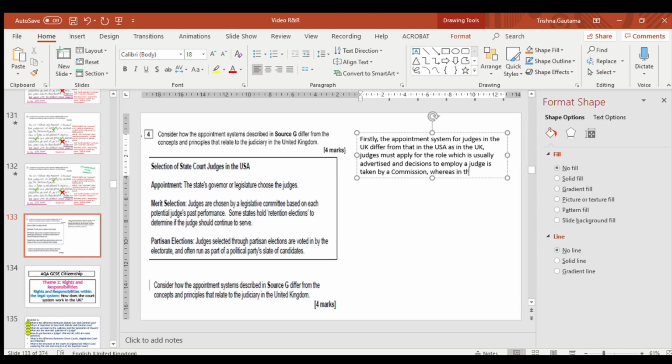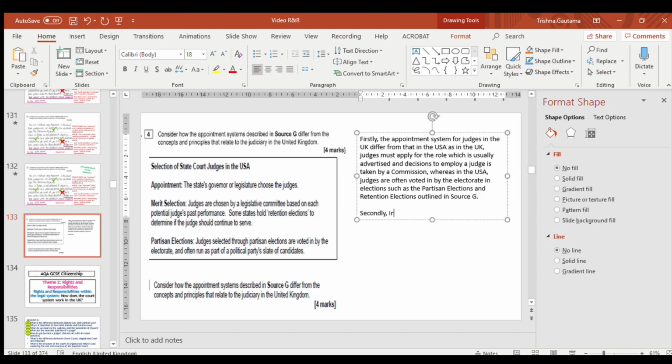Whereas in the USA, and as you can see, the term whereas shows that you are clearly comparing the UK system to the USA system. Judges are often voted in by the electorate in elections such as the partisan elections and retention elections outlined in source G. As you can see there, I've just referred to the source and information from the source itself.